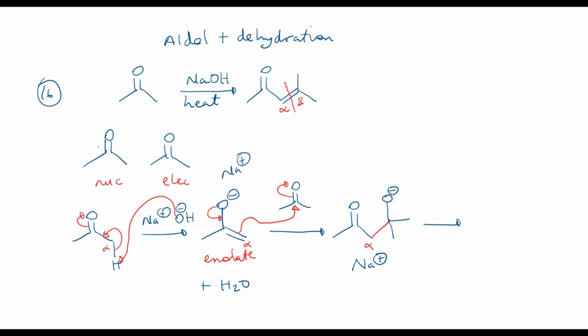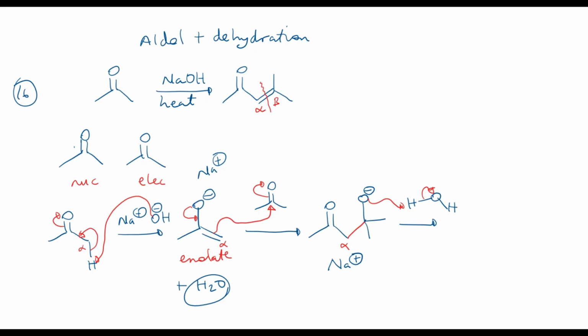The next thing would then be to protonate that oxygen using water that is generated after the first step. So this oxygen will pull off this proton and form a beta hydroxyketone.